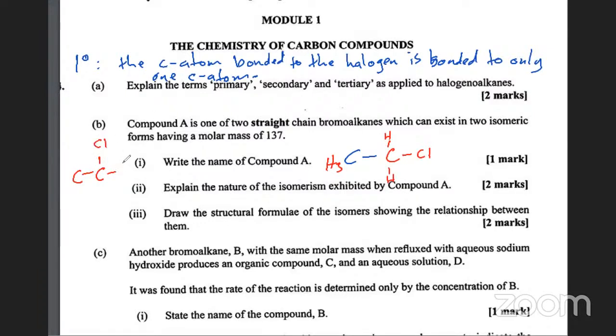So this is a secondary haloalkane because the carbon bonded to the halogen, in this case chlorine, is bonded to two other carbon atoms.